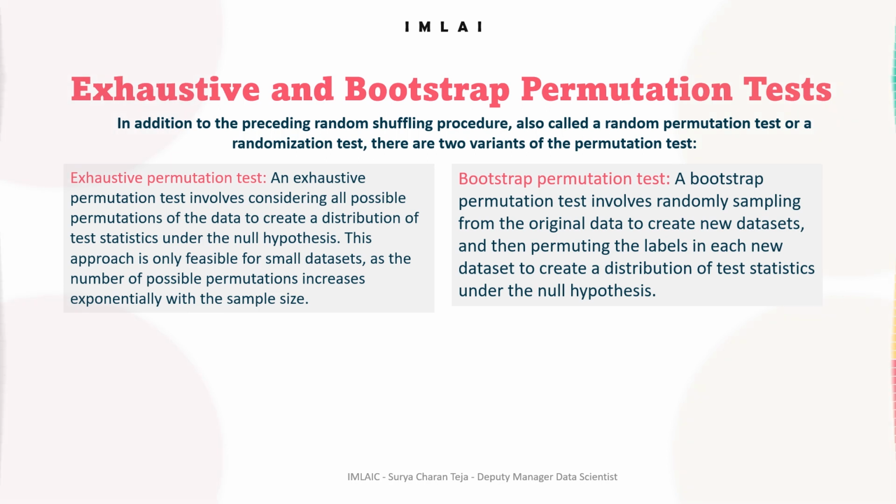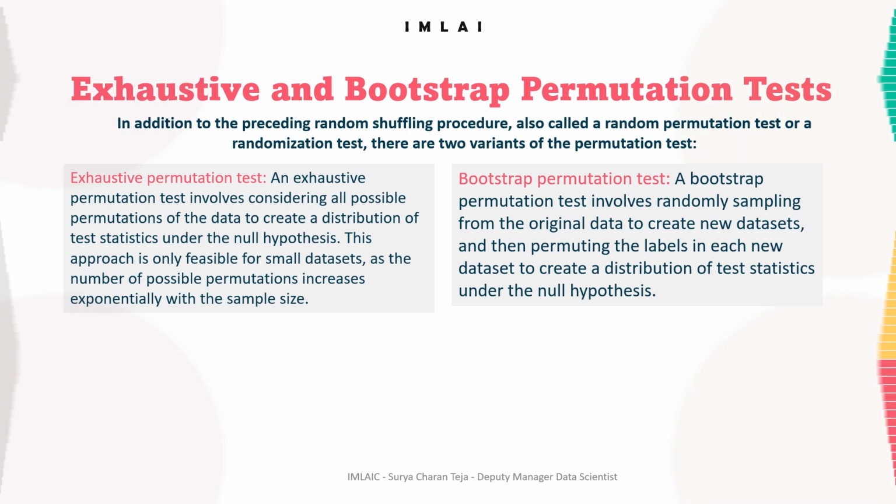Both exhaustive and bootstrap permutation tests are powerful techniques for testing hypotheses when the assumptions of parametric tests are not met, or when the underlying distribution of the data is unknown. They can be used to test for differences between groups or conditions, or to test for the presence of a relationship between variables.